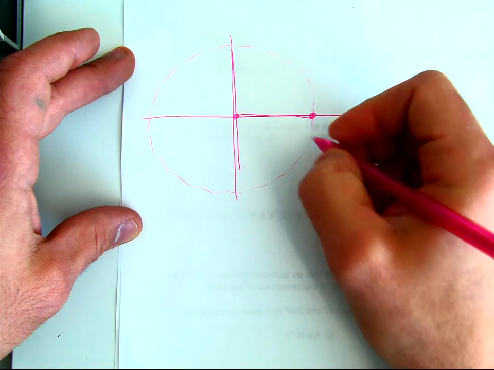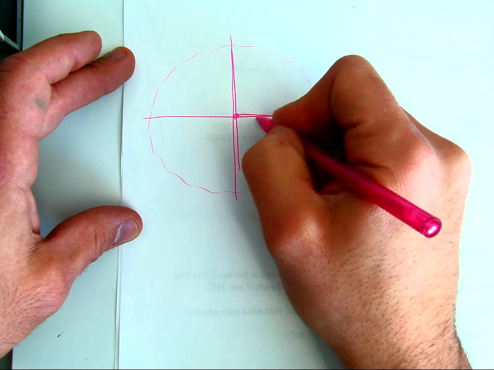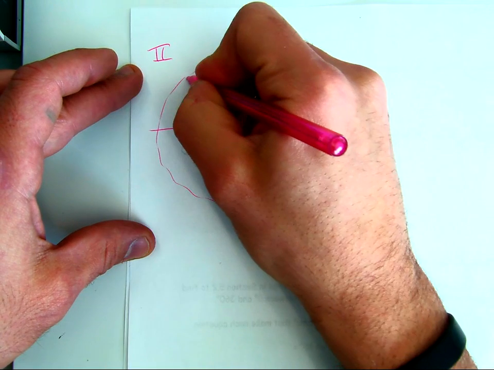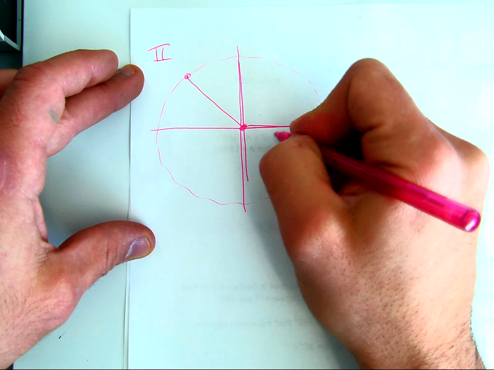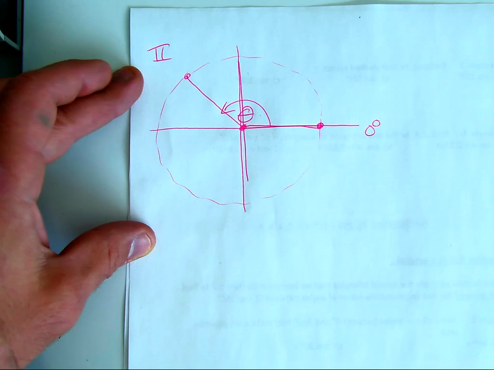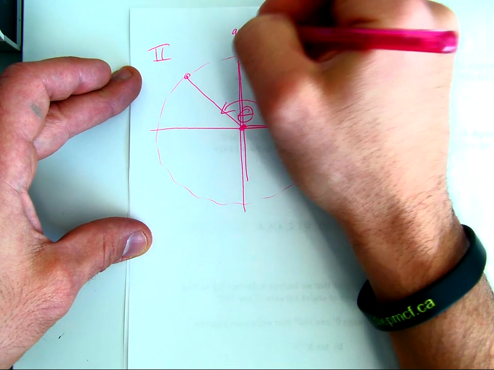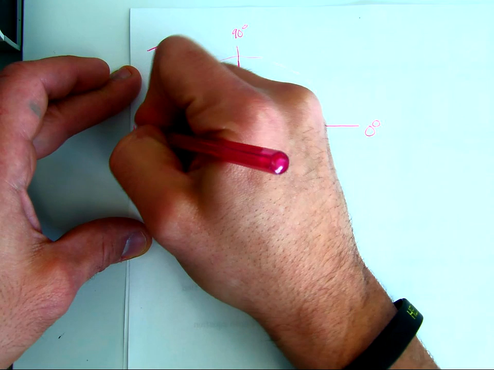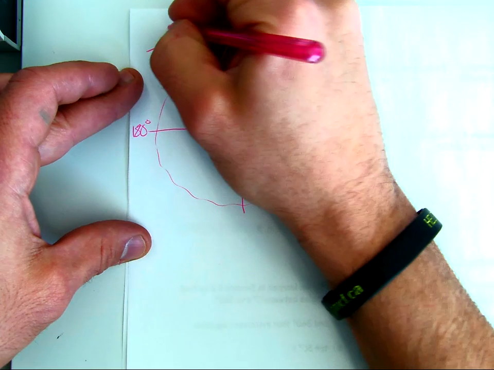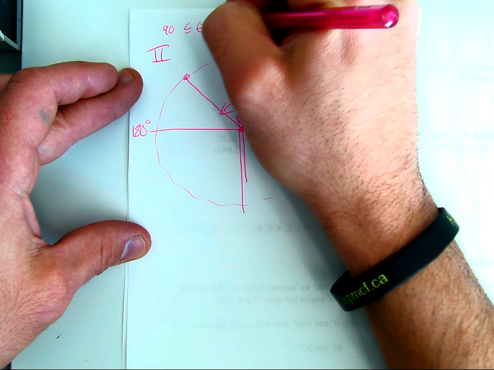If it rotated into quadrant number 2, this is what the picture would look like. So this is how much it opened up by, theta. And we know that in order to be in quadrant number 2, if this is 90 and this is 180 degrees, theta is in between 90 and 180, or all of your obtuse angles.